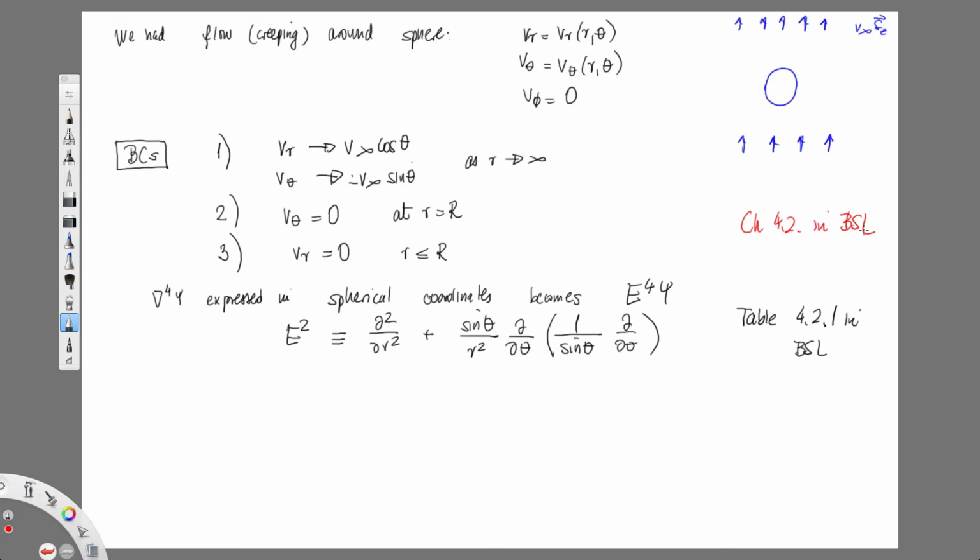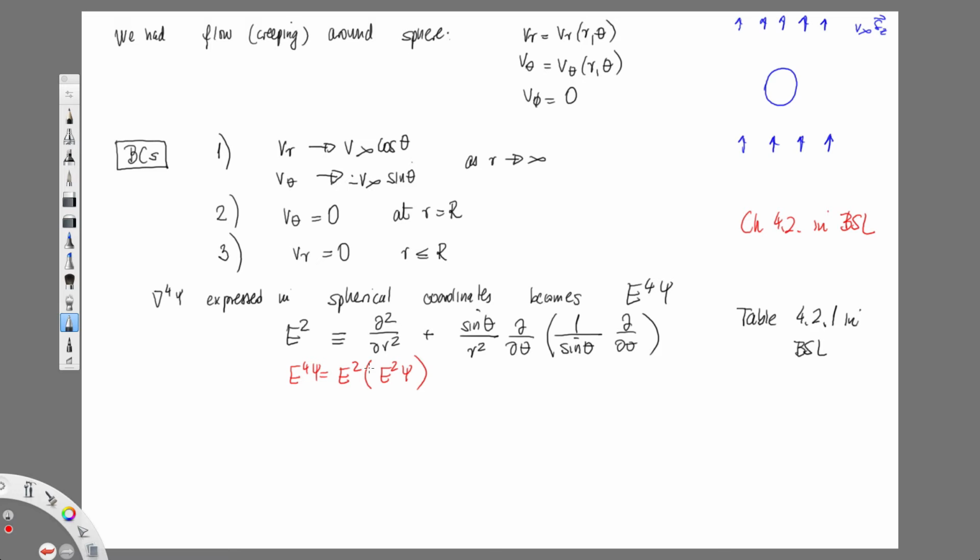It's a time-dependent problem, so it's a topic that is separate from this topic. E to the 4 of psi is basically I first apply E squared to psi and then E squared again, the operator.